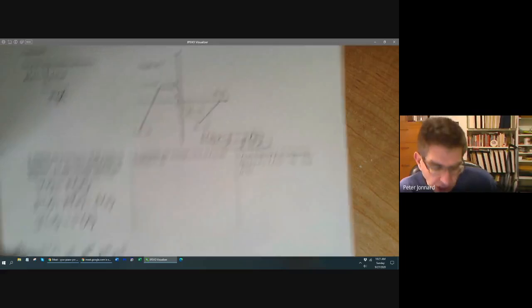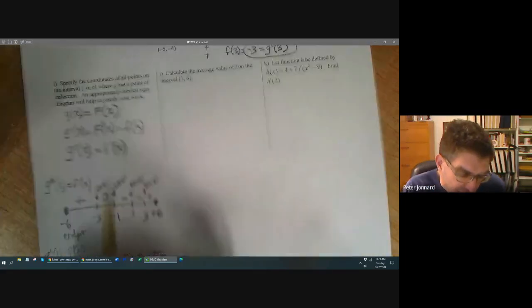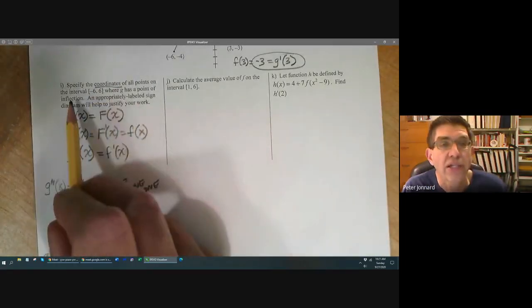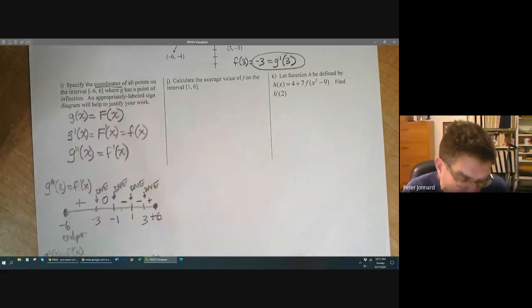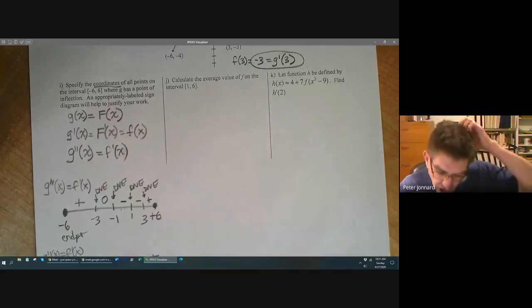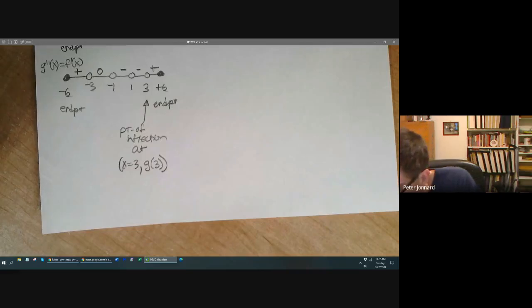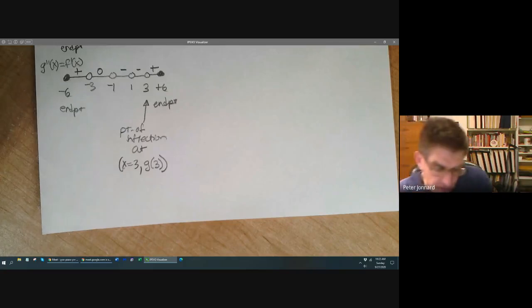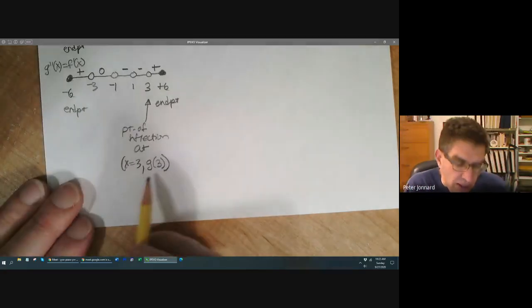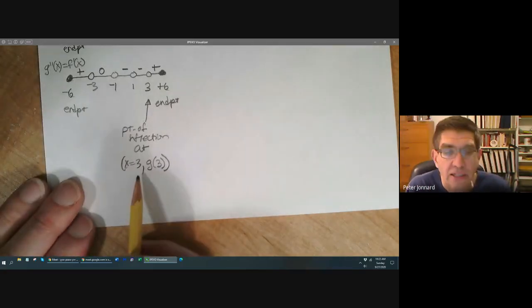So now this question asked us, determine the coordinates of all points on this interval where g has a point of inflection. And so all we need to do now is evaluate g of 3, okay? Fortunately for us, I think we did that earlier, maybe not. I thought we did. No, I suppose we did not evaluate g of 3. So we need to evaluate g of 3. It's just a matter of applying the definition.